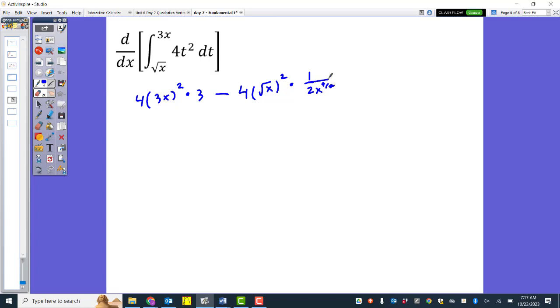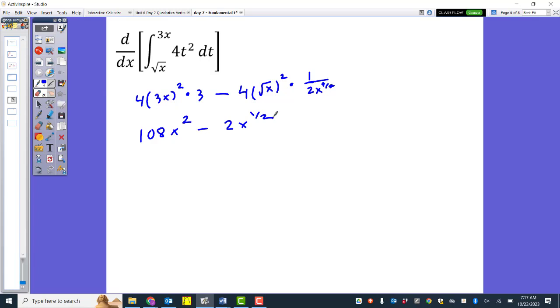So this is 3 squared, which is 9, times 3 is 27, times 4 is 108. Minus, and then the squared over the square root will cancel out, so we have 4 over 2, which is 2. X over x to the 1/2 is x to the 1/2. And so it would simplify this way.